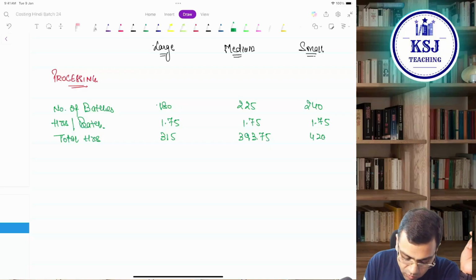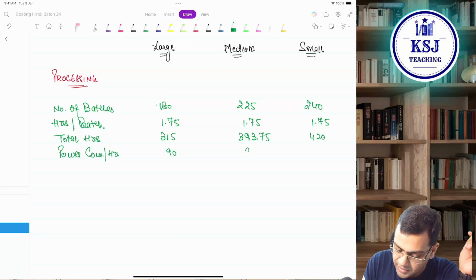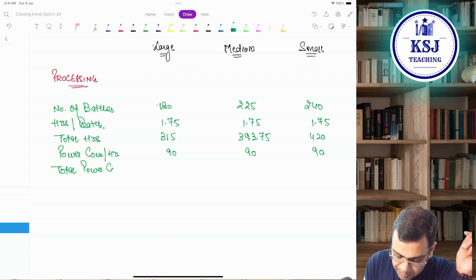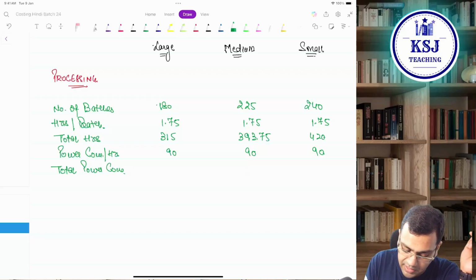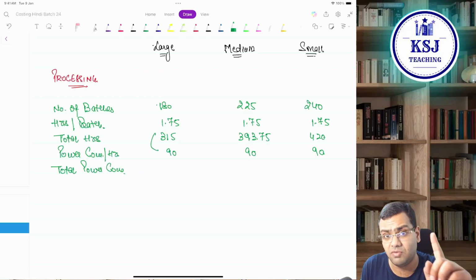Clear? Now what is the power consumption per hour? Power consumption per hour is 90, 90 and 90 here. So what will be the total power consumption? That is total hours multiplied by 90 kilowatts per hour.